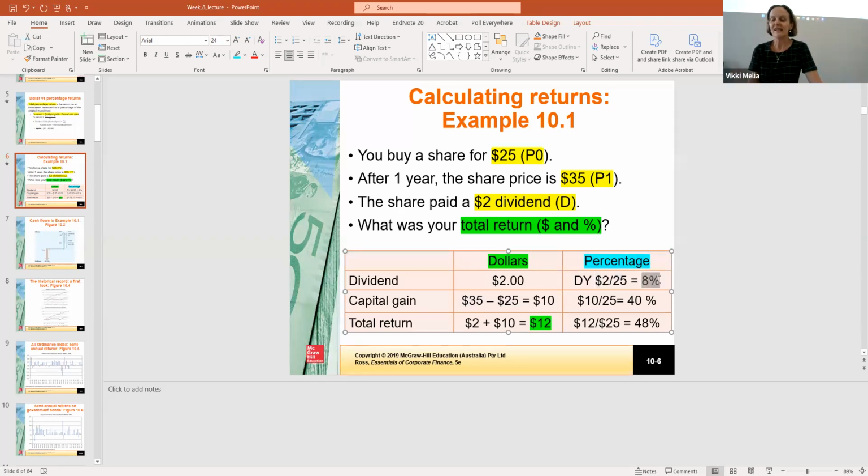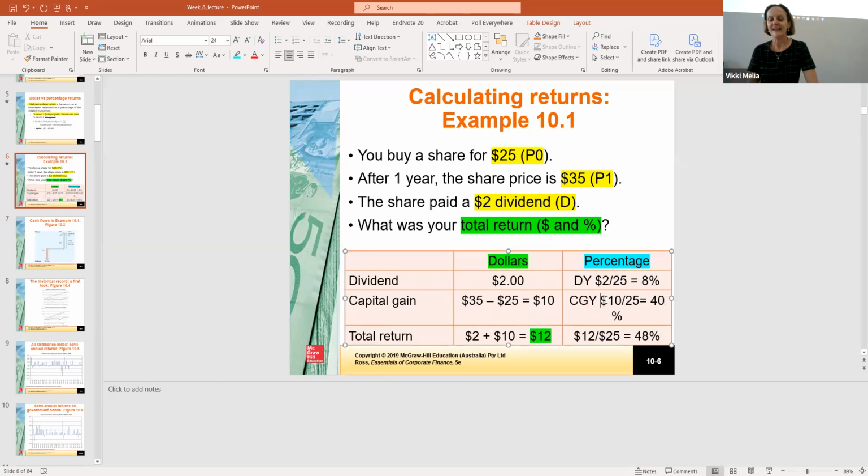So the dividend yield is 8%, and the capital gain yield is the capital gain divided by P0, or 40%. So a dividend yield of 8%, a capital gain yield of 40%. Our total return as a percentage is 48%. It's our dividend yield plus our capital gain yield, 48%.